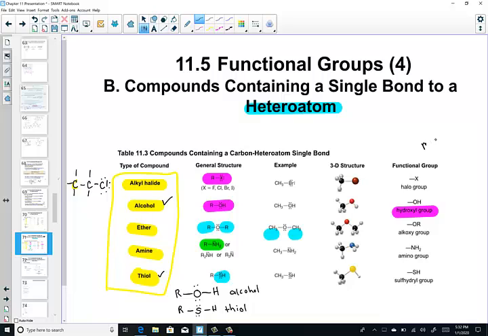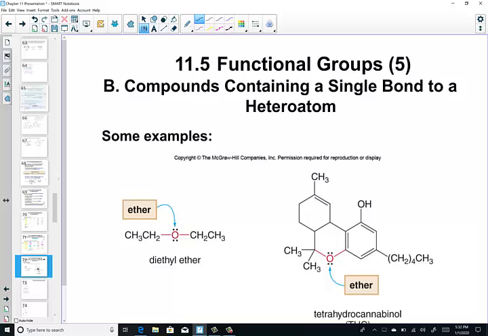Yes, we have to memorize these functional groups. When I say that, the skill level is trying to recognize what functional groups are present in a molecule. Some examples. Here I have a molecule called diethyl ether. Di means 2, ethyl means a 2 carbon chain, and the term ether represents that an oxygen is in the backbone.